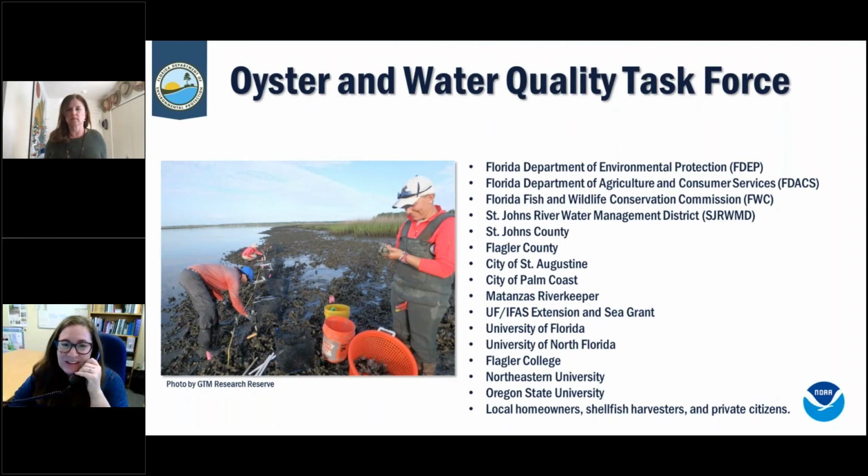This Oyster and Water Quality Task Force is a robust voluntary stakeholder group that has met quarterly since 2015 to share emerging issues, prioritize and support research, and discuss potential management applications related to oyster sustainability and water quality. To date, the task force has supported numerous collaborative projects, several of them being funded by the NERRS Science Collaborative, which the photo on this slide is actually one of those projects.